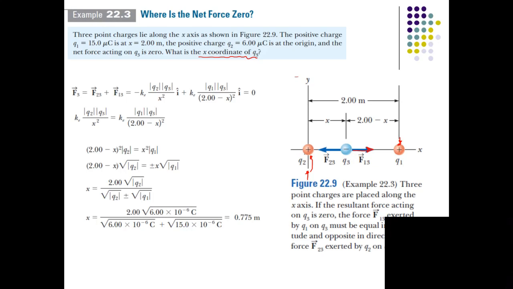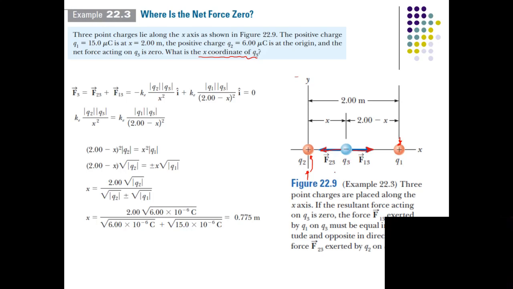Well, Q2 also tries to push me or pull me toward its direction, to the negative side. So this is F23. For a second, if Q3 was positive, Q1 would push it away from it, and Q2 would also push it away from it. So again, you will have two opposite direction forces.